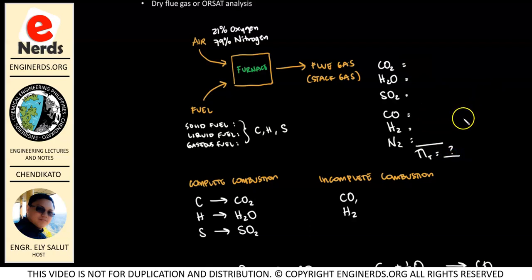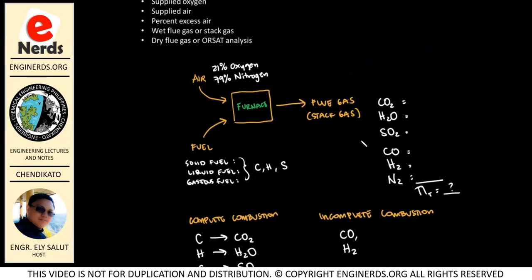And then, you will be able to get the percentage of each one by dividing yung number of moles ng ating O2 divided by NT, times 100, so you will have the percent CO2 dito sa ating flue gas. Okay? So, i-consider natin lahat ng present dito sa ating flue gas.